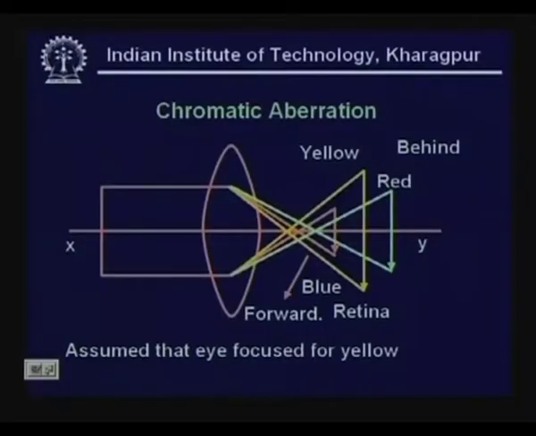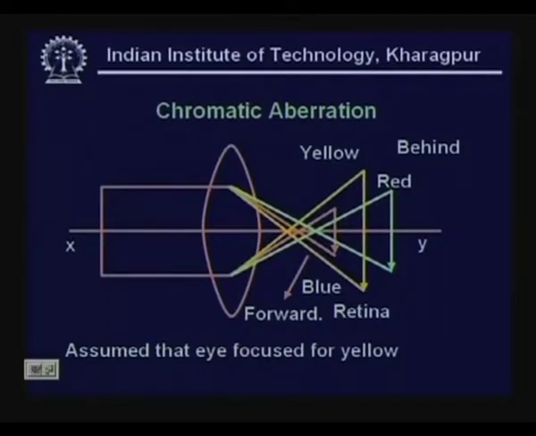This can be understood by this diagram, which shows, supposing that the eye is focused for yellow. You remember that the sensitivity of the human eye is maximum around 550 nanometers, which is in the yellow green color.